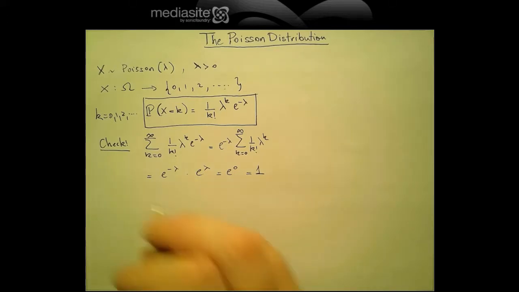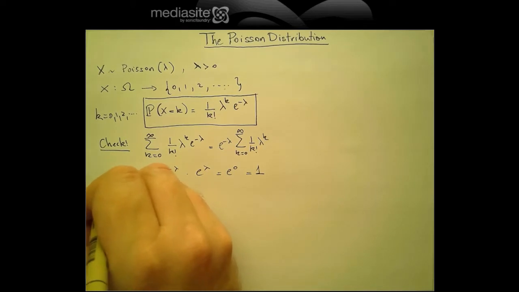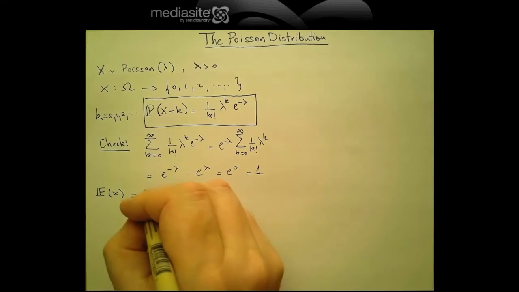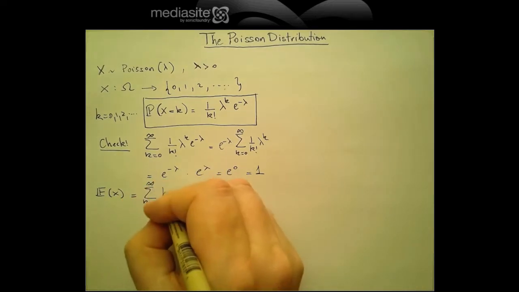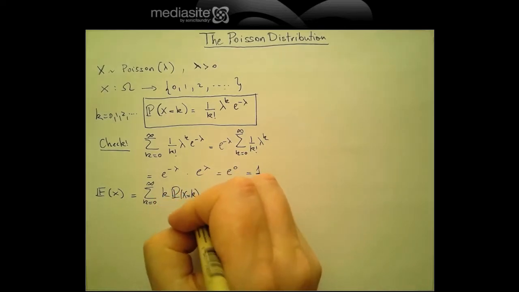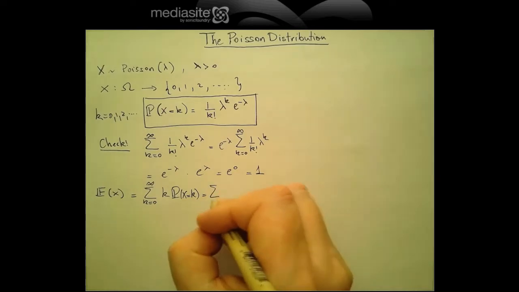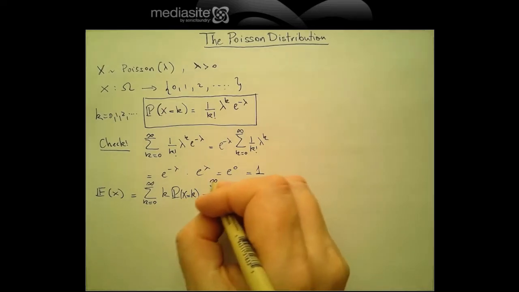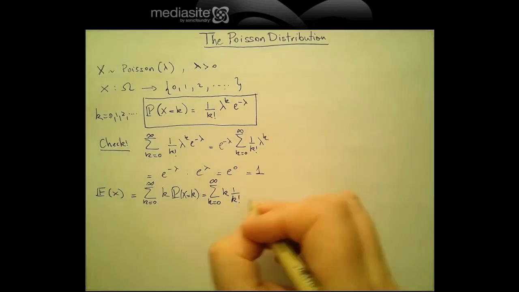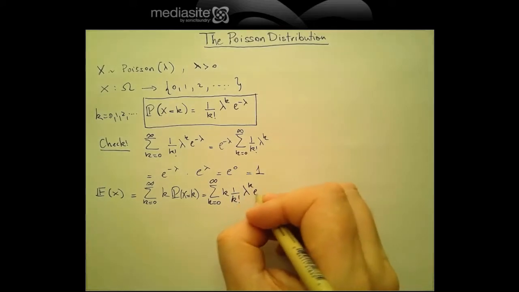Now, what about the expectation? For the expectation, we need to sum from 0 to infinity k times the probability that x is k. So in our situation, we need to sum from 0 to infinity k times 1 over k factorial lambda to the k e to the minus lambda.